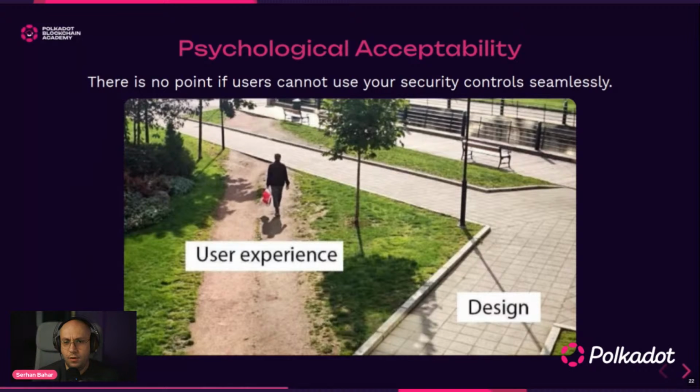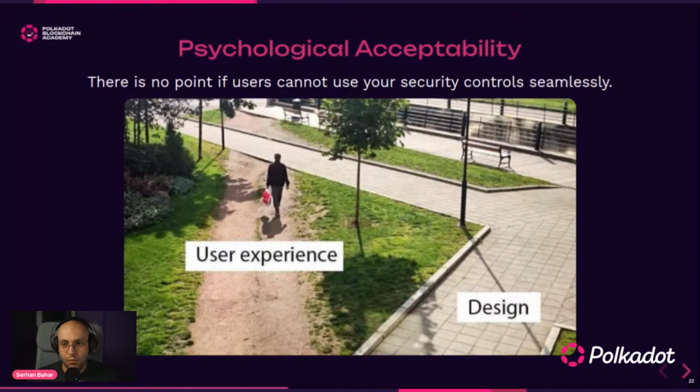So there is no point if users cannot use your security control seamlessly. So user experience may be the most important part for security. Imagine if psychologically it's not acceptable, the application itself cannot be used. And then there is no importance of security. That's why we need to understand psychological acceptability for our users as well.